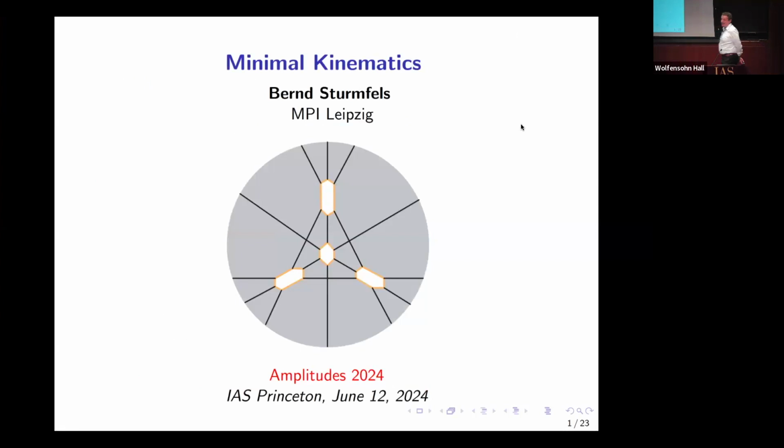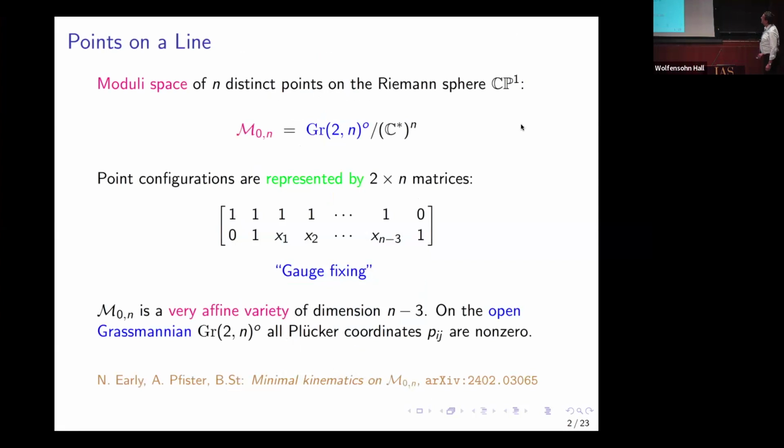So I'd like to tell you about minimal kinematics. The point of departure is the moduli space, M0n, of n labeled points on the line. This is the projective line or Riemann sphere. Each point is given by homogeneous coordinates, and these are the columns of this 2 by n matrix, up to projective transformation.